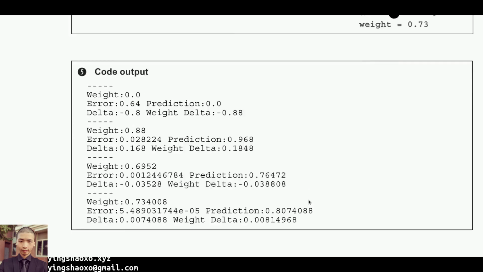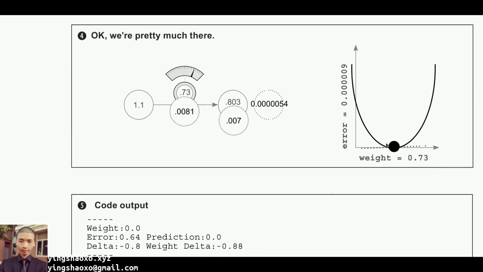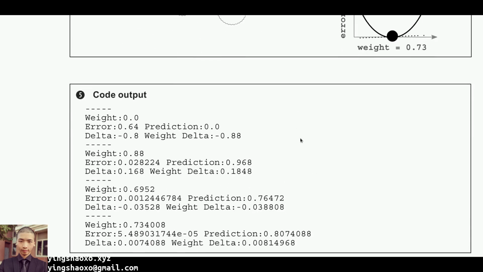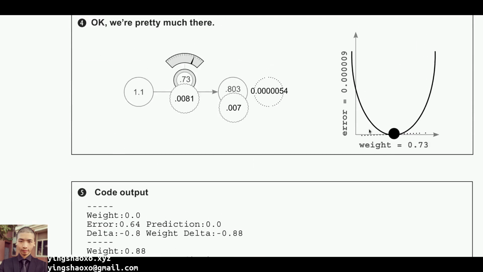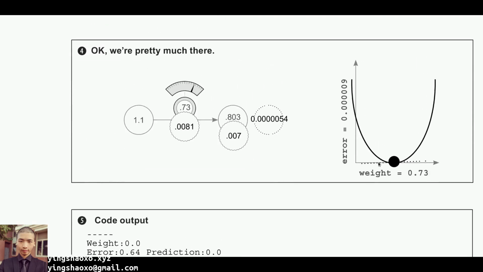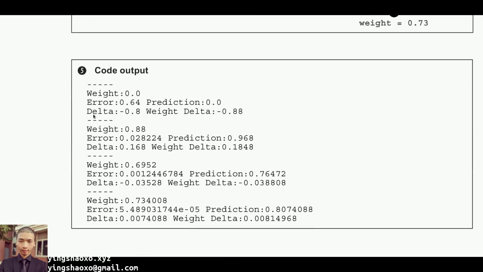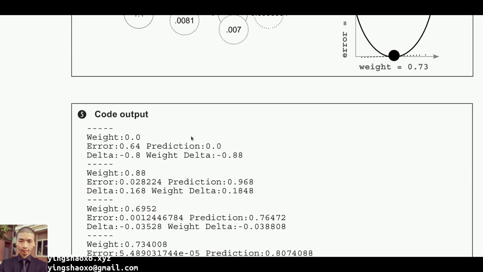When the delta goes to 0, the error also goes to 0. I mean, the delta controls the amount of changing. When the delta is bigger, the change the training makes is also big.